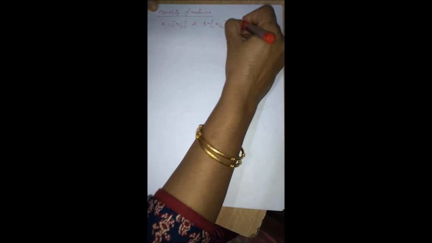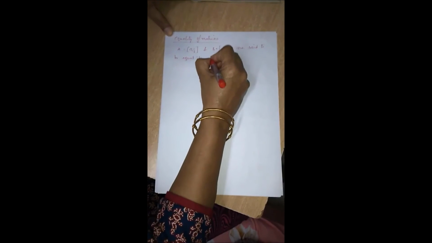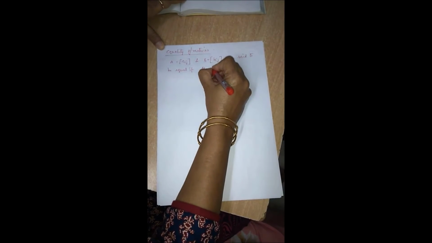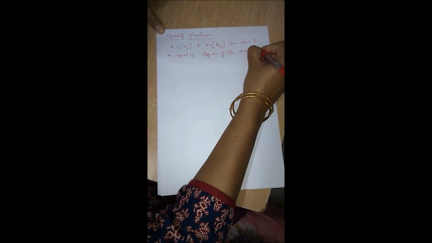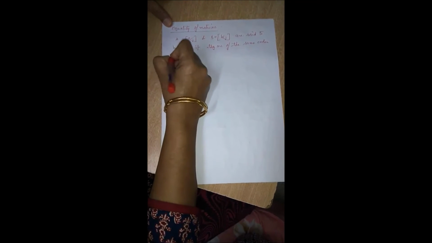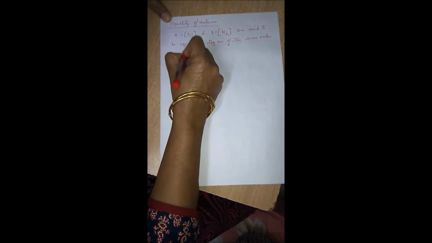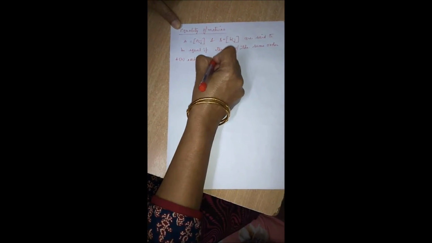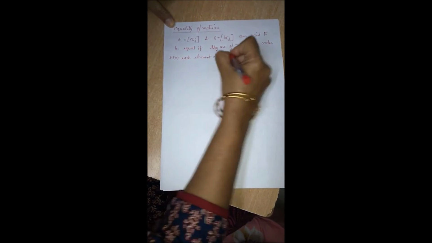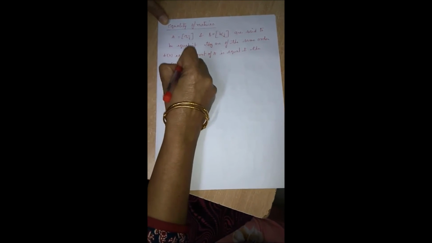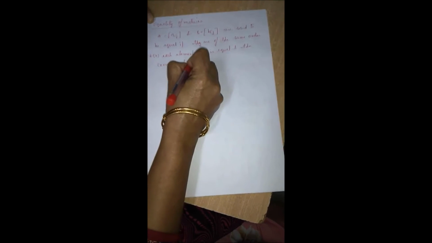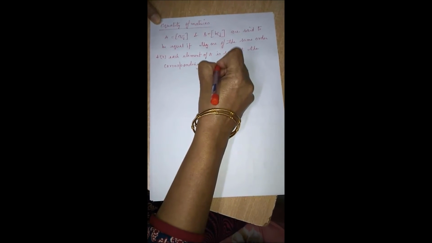These matrices are said to be equal if they are of the same order, and secondly, each element of A is equal to the corresponding element of B.